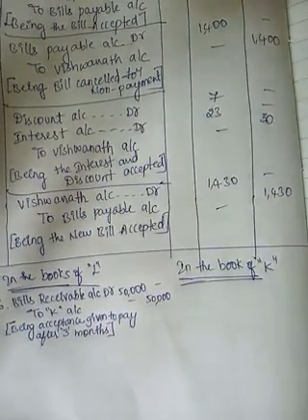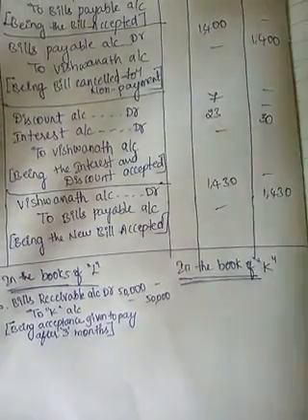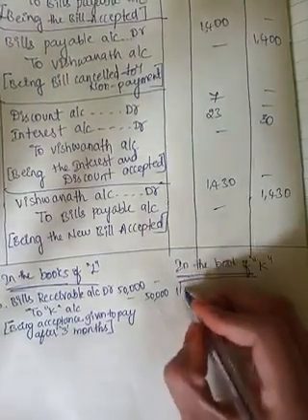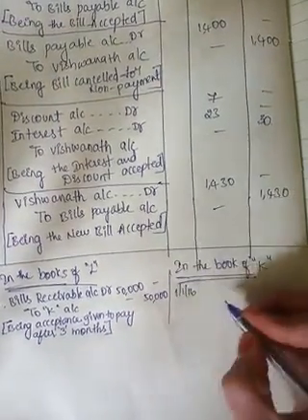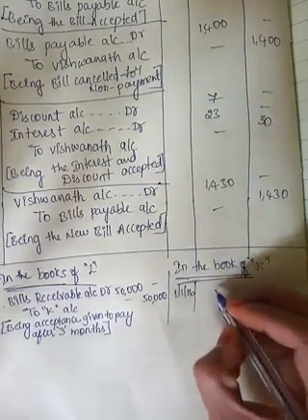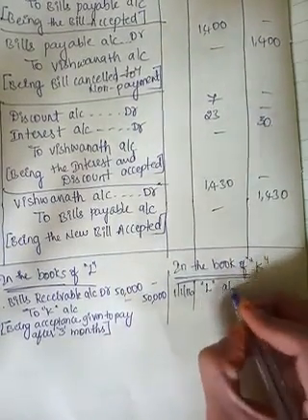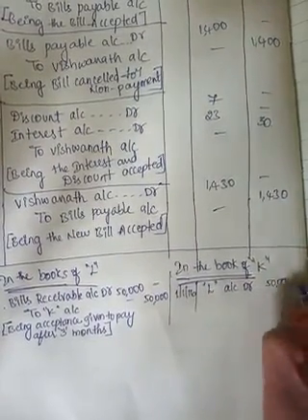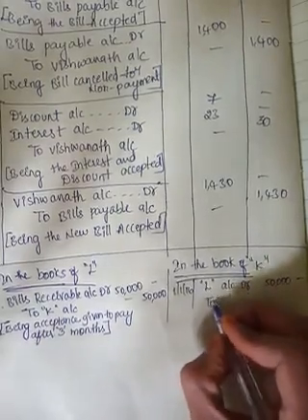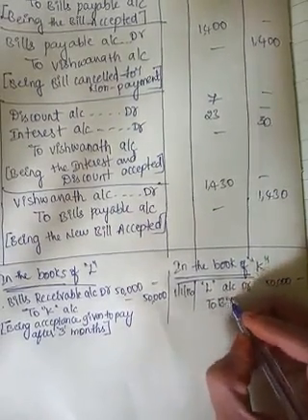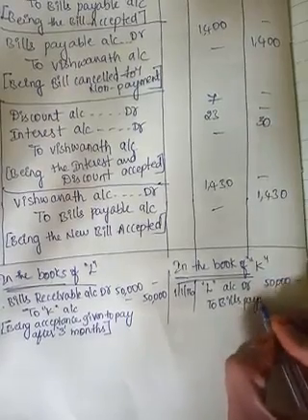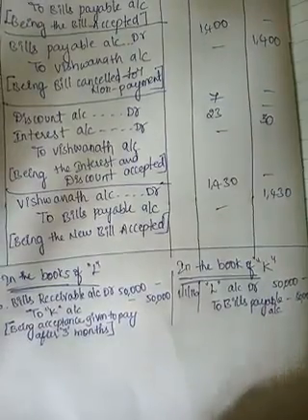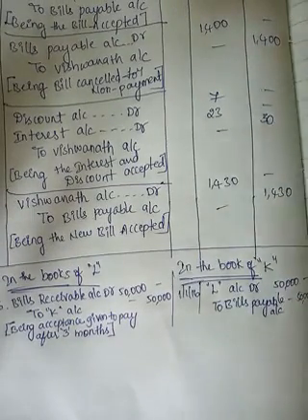In the books of K, what is the entry? In the books of K, the entry is on 1st January 2016: L account debit is rupees 50,000 to bills payable account.